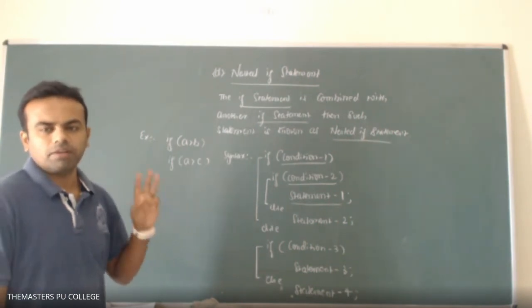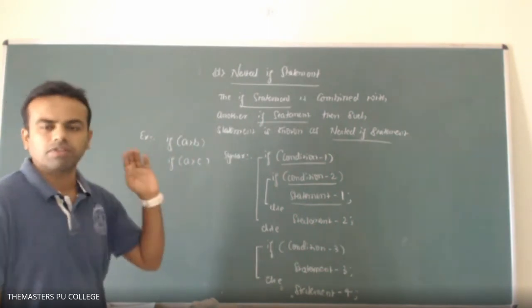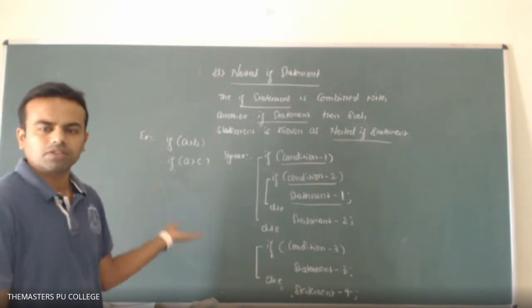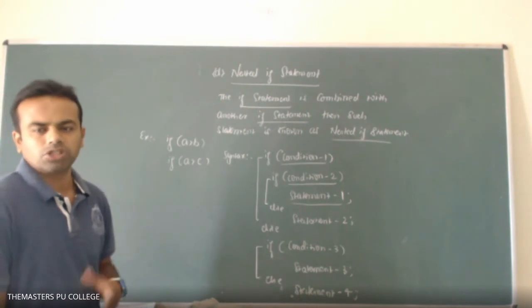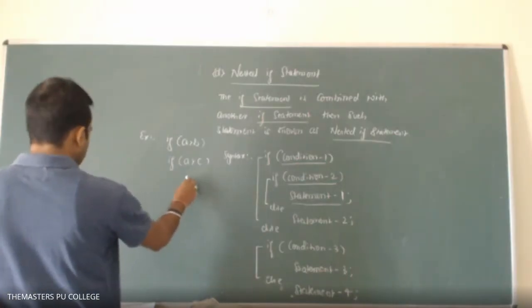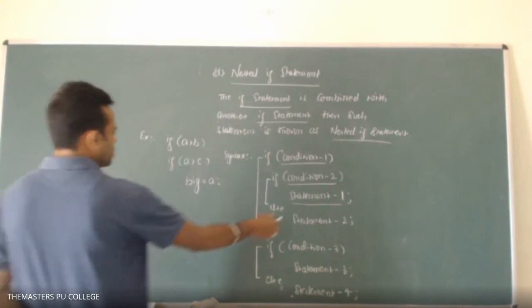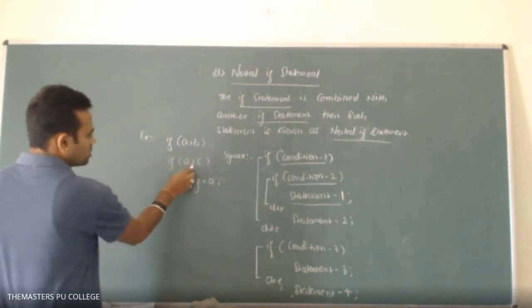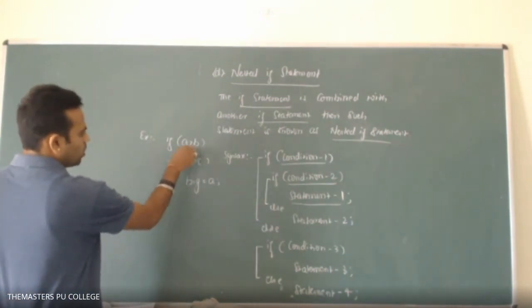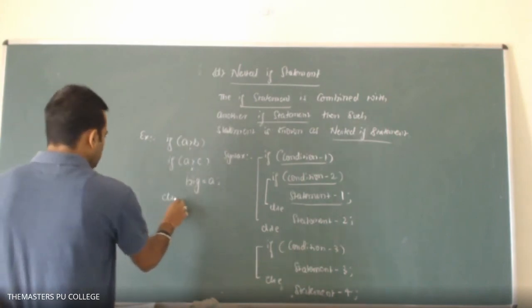If the first element is greater than the second element and the first element is greater than the third element, which is the biggest number? A, the first element. Very good. So big is equal to a. This is statement 1 when both the conditions are true. This is condition 1, this is condition 2.